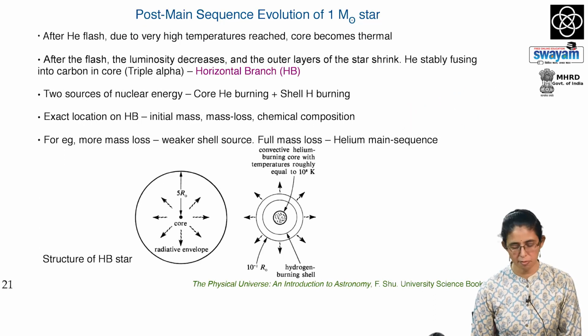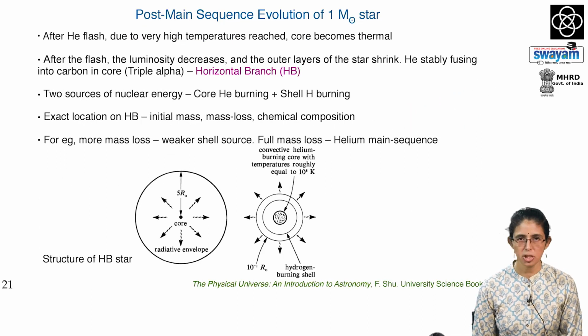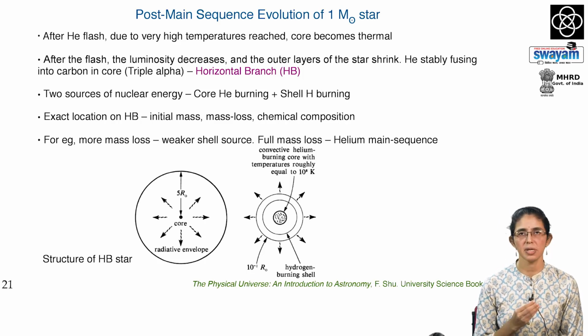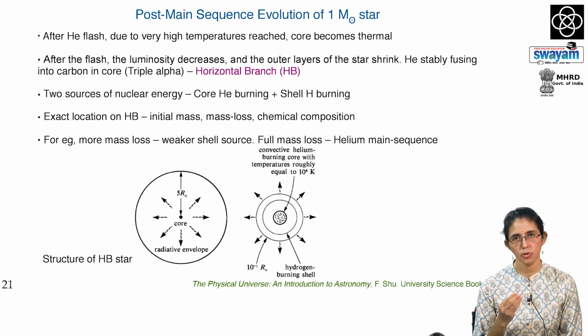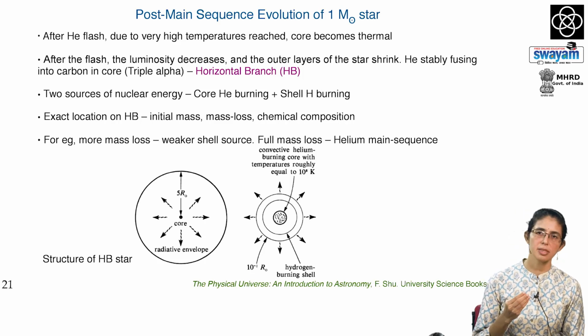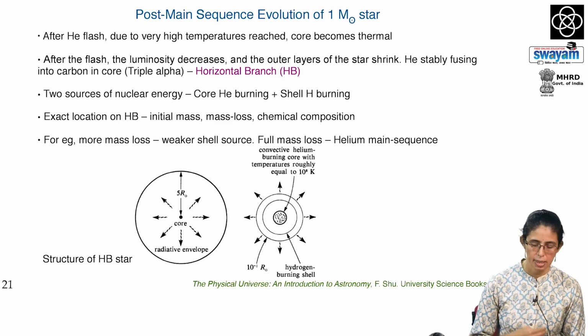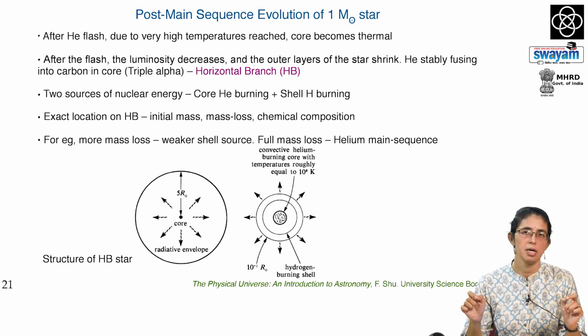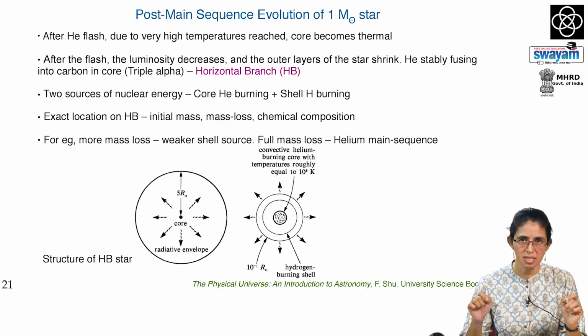Now, once the helium flash has occurred, the temperatures are again very high, the core is thermal, and helium is stably burning or fusing to carbon in the core. As a result of the helium burning, the hydrogen burning in the shell around it becomes weakened, and as a result the luminosity decreases.